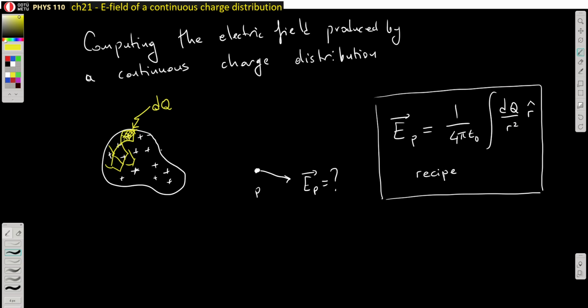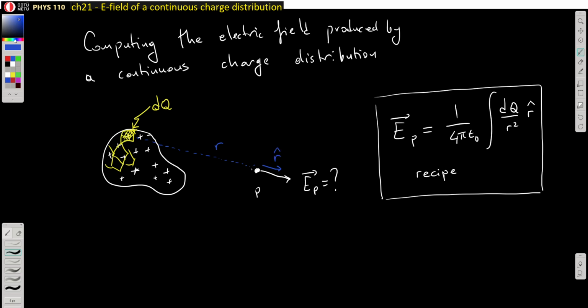But now I can think of this as a point particle. So let me choose a different color now. In that case, I need to draw a line from that infinitesimal charge to the point in question. And let's say that r is the distance of that point charge to that point. This might be a variable, usually is.